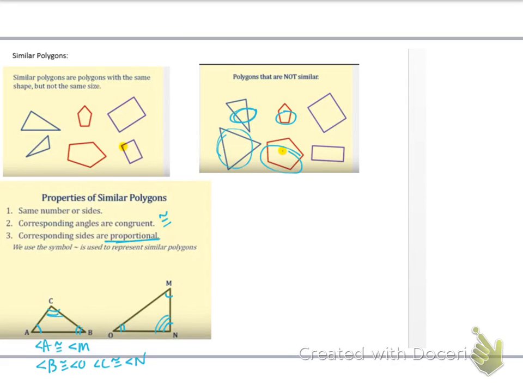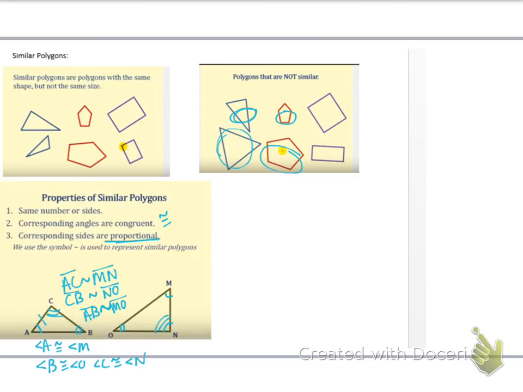My sides would have to be proportional. So to say that they are similar, I could say AC is similar to MN. Okay, I could say CB is similar, which means they're not the same, but they're scaling by the same thing, to NO. And my last one, AB, would have to be similar to MO.